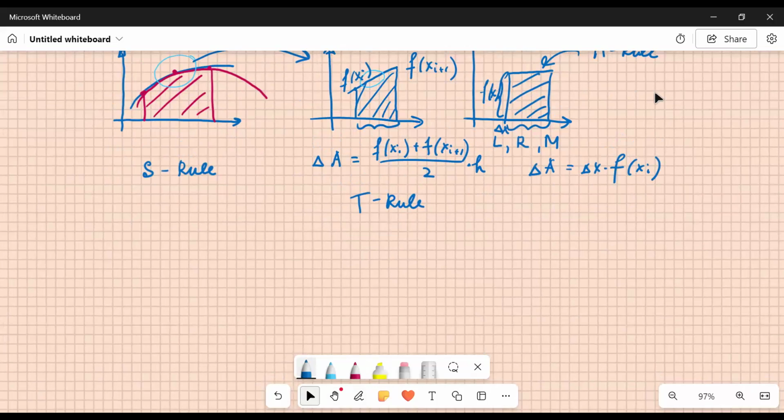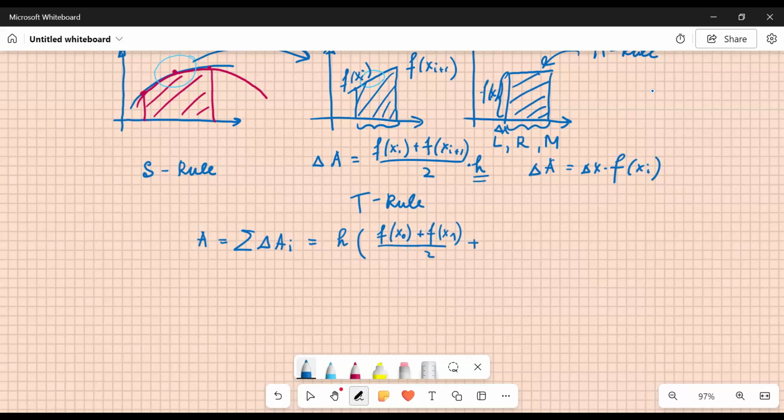The total area is going to be the sum of these little tiny areas, right? And that's going to be equal to h. I'm going to take this h outside of all these formulas. And I'm going to start with f(x0), the first point, plus f(x1) over 2.